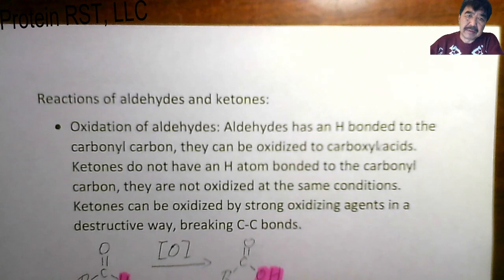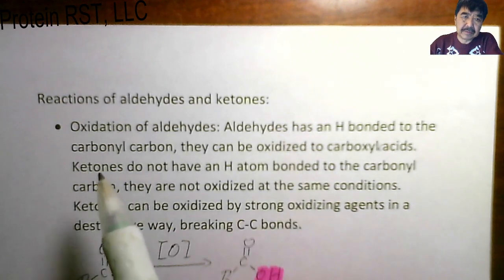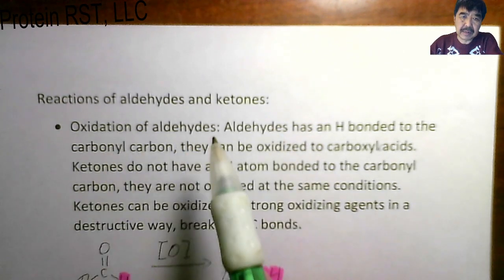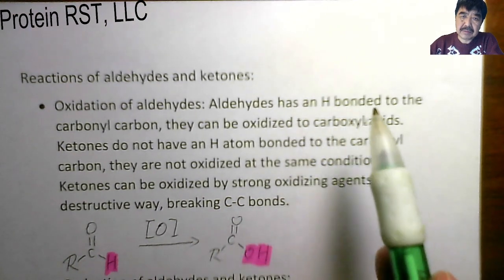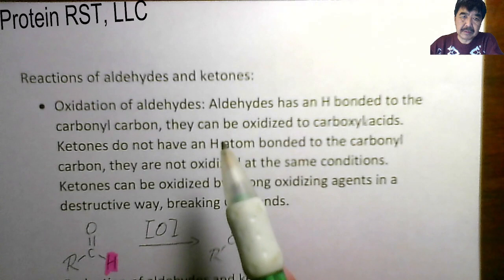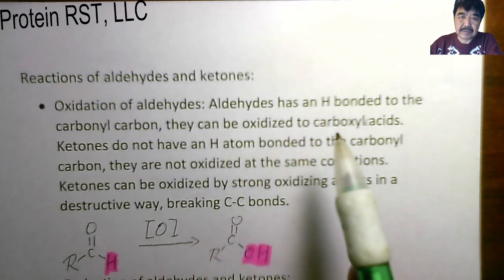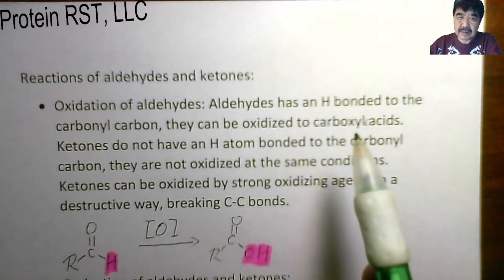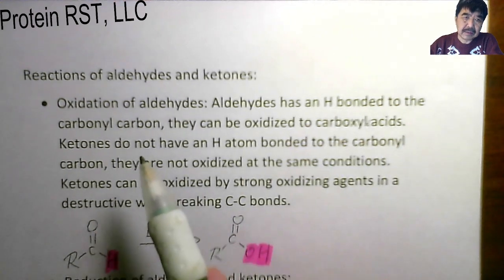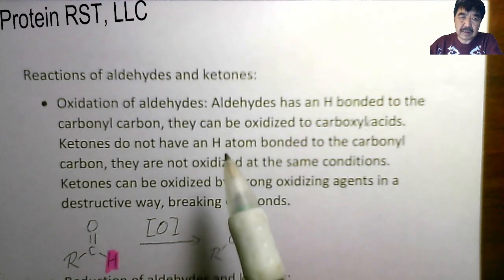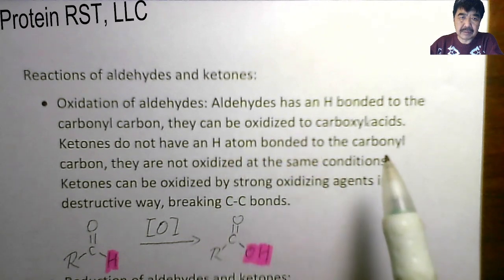Reactions of aldehydes and ketones. The first one, oxidation of aldehydes. Aldehydes have a hydrogen bonded to the carbonyl carbon. They can be oxidized to carboxylic acids. Ketones do not have a hydrogen atom bonded to the carbonyl carbon.